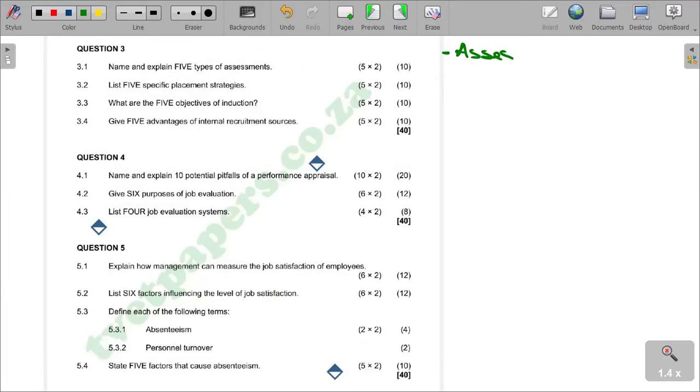These are programs whereby various simulation exercises are provided so that candidates will be able to be assessed on their ability to solve problems and also their ability to think fast and also their intelligence. Assessment centers.